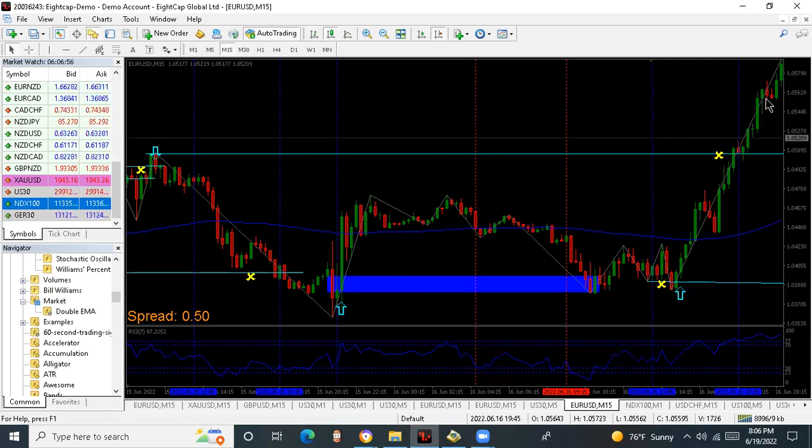Now, if this was engulfing, it'd probably be a little bit stronger, so this is a little bit weaker. It didn't engulf this candle, so I may not have taken that because of that. But if someone felt it was okay, you would have got stopped out.